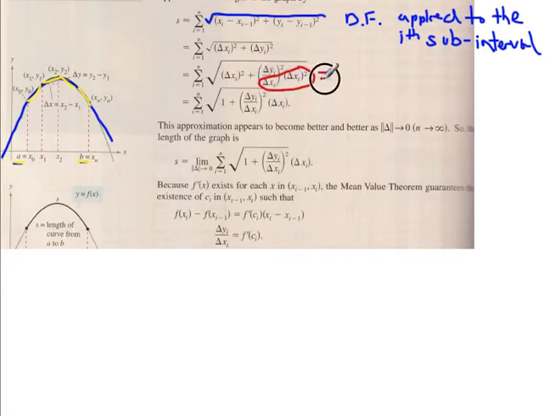So let's write one more step in here. That's equal to the sum of the square root, and now we can factor this out. So we're going to factor out the delta x sub i squared.